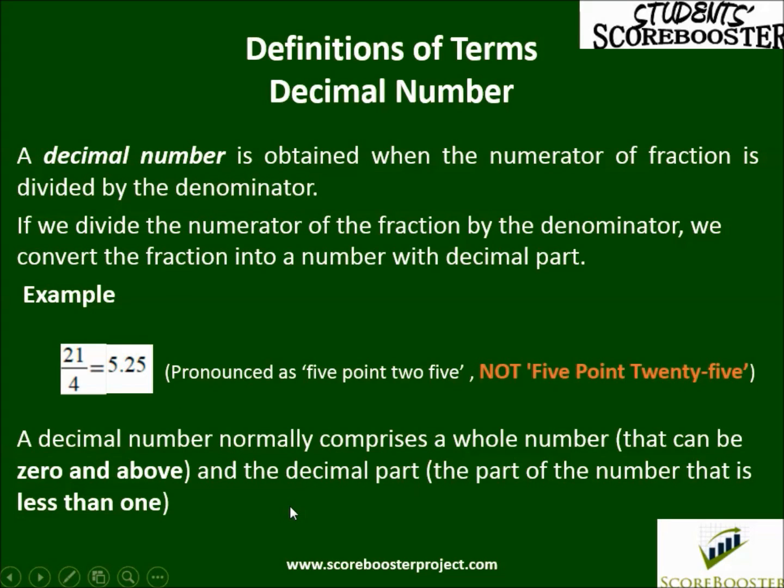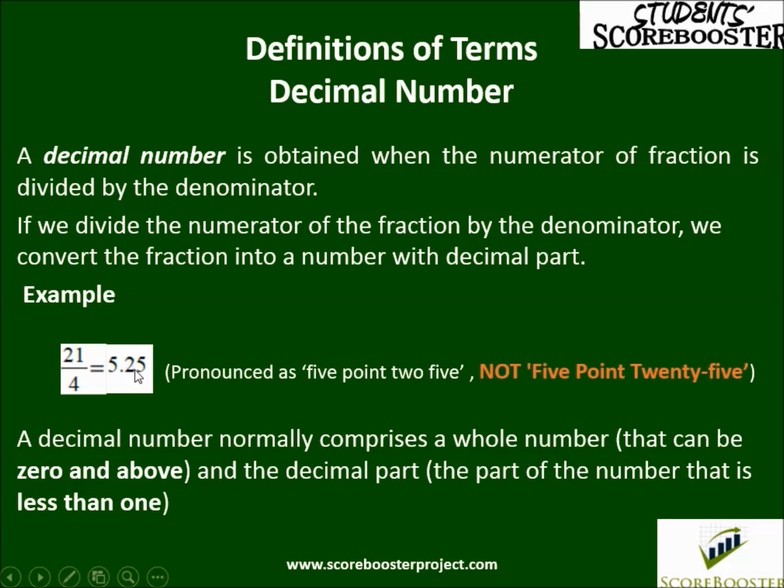A decimal number normally comprises a whole number, which can be 0 and above, so the 5 here is the whole number, and the decimal part, which is less than 1. So this 25 is not twenty-five, because it's less than 1.